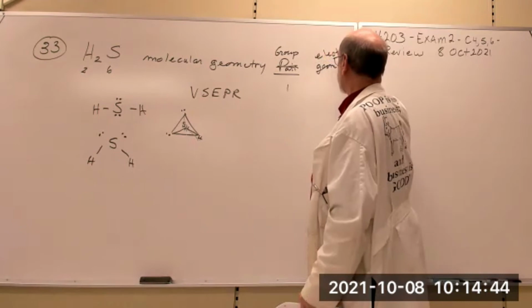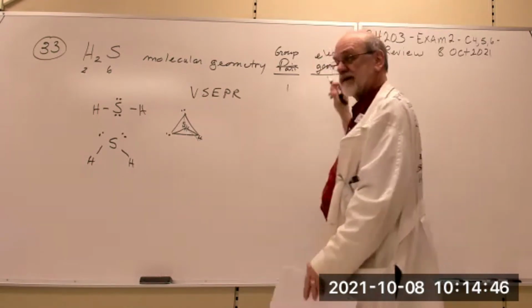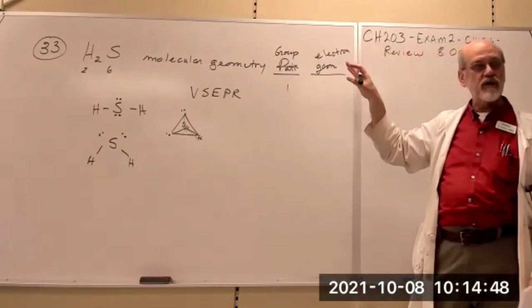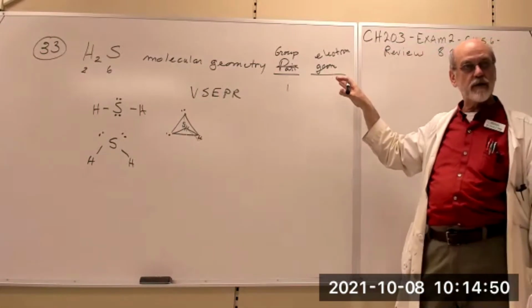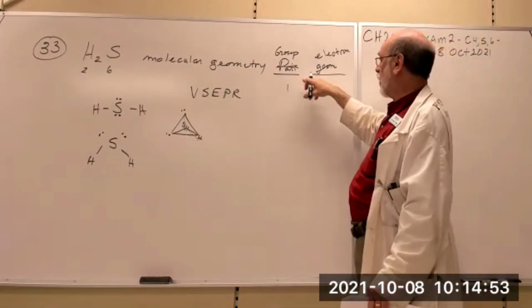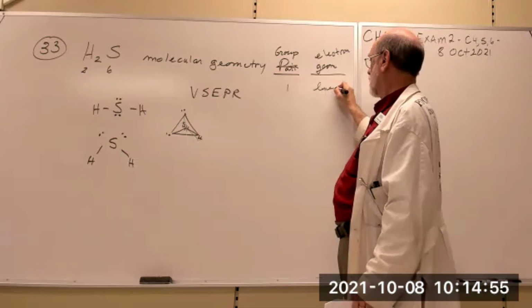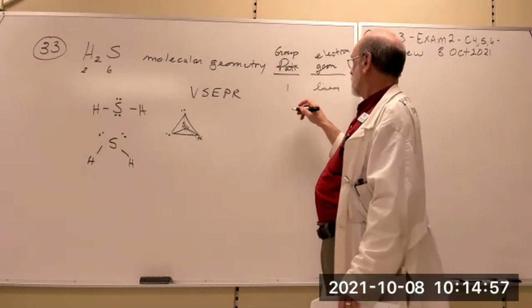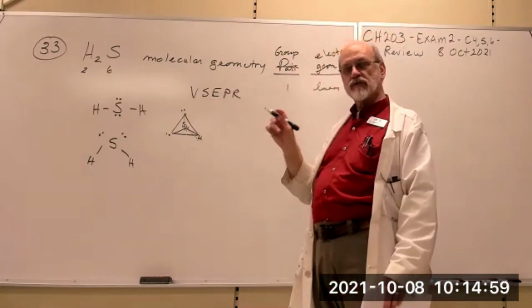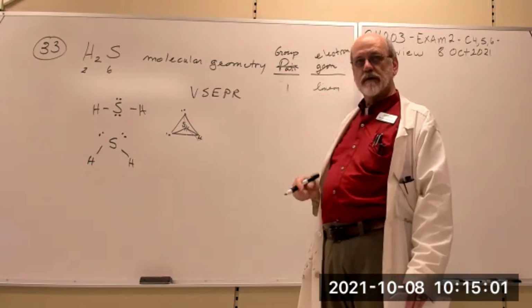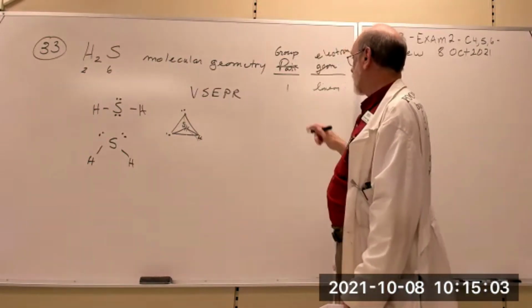You always have to do that one first. Electronic geometry, then you cover up the lone pairs and you find out the molecular geometry. So if you have one group, it's always linear. If you have 2, then that's also linear.